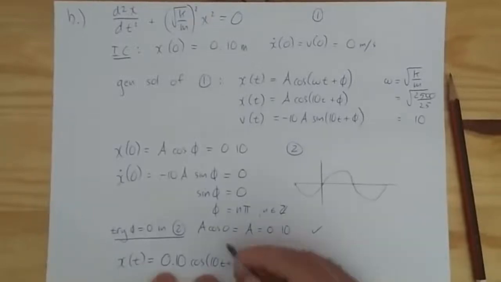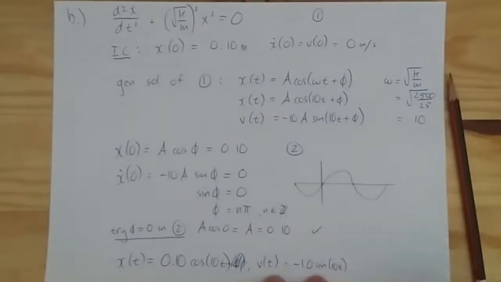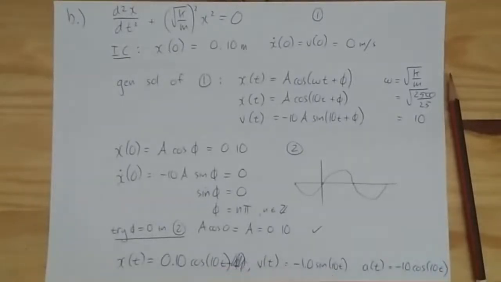Oh, what is that? Sorry, no, that's wrong. No phi, we know phi is 0, minus sine of 10t, and we know that the acceleration is then, if I differentiate that again, minus 10 cosine 10t. Okay, and there we have it.